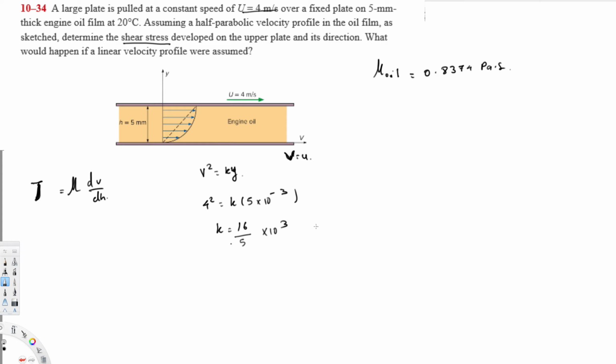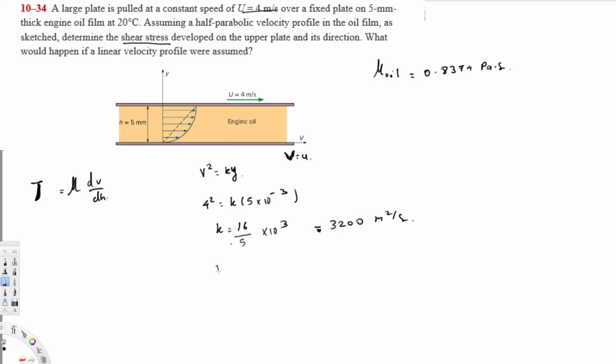16,000 divided by 5, and that is equal to 3,200 meters squared per second. So now we have the constant k, and we have to write the parabolic velocity.